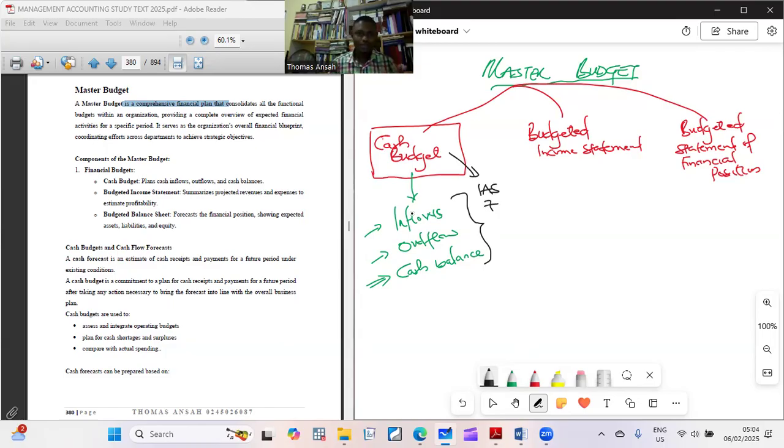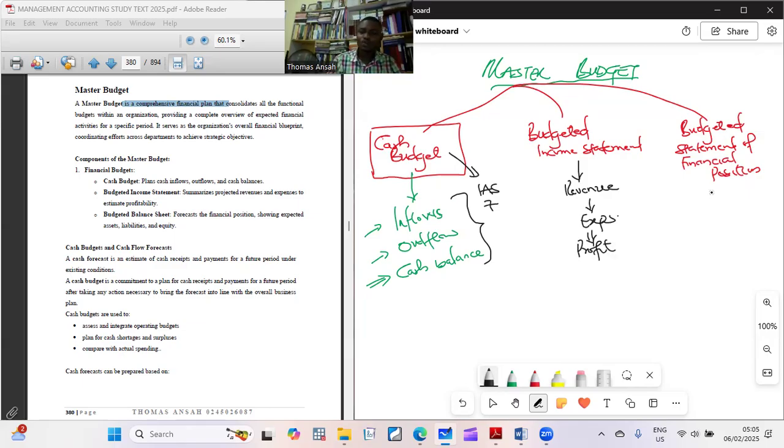It is just similar, because we are interested in cash items. The income statement will summarize all your revenue, and revenue can be cash or on credit. It checks that against expenses to obtain your profit.